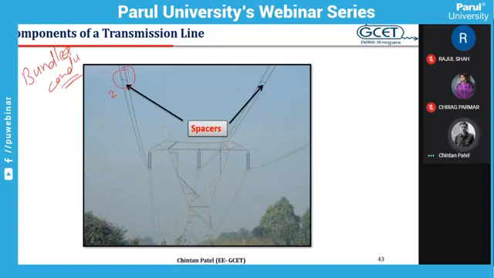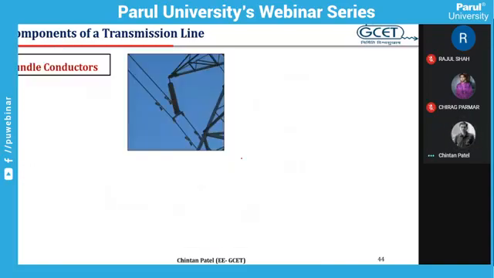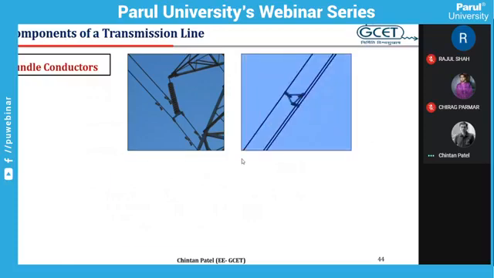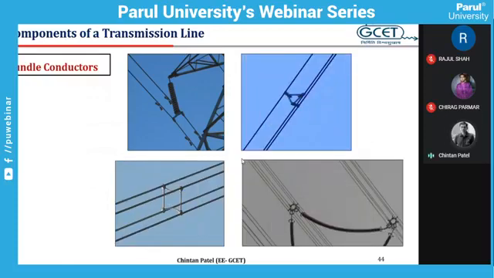So you can see this is the spacer. This is the photograph of bundle conductors. Here 2 conductors per bundle, 3 conductors per bundle, here 4 conductors per bundle, and here 6 conductors per bundle.